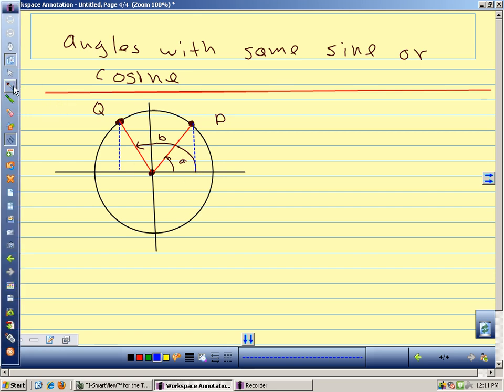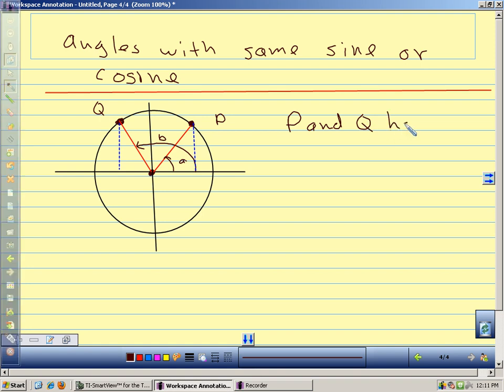Like so. So I'm going up the same distance to get to point P and point Q. So P and Q have the same y coordinate. So I go up the same distance to get to P and to Q.